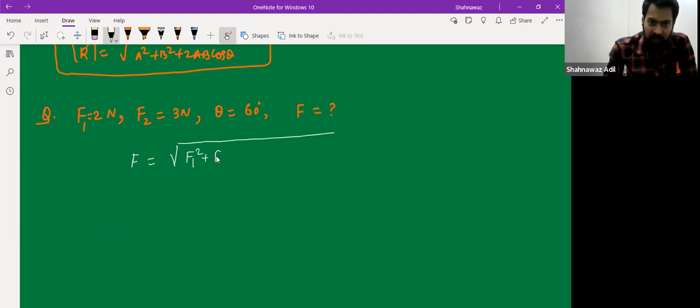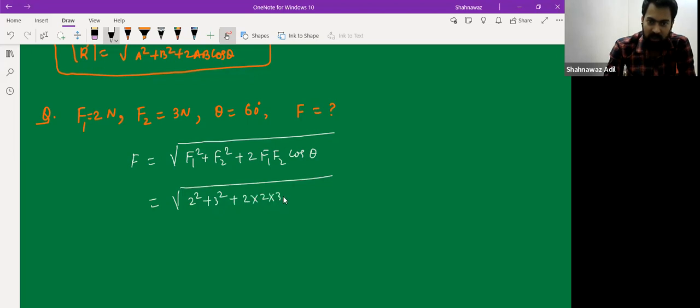Square root of F1 square plus F2 square plus 2 F1 F2 cos theta, right? And this would be how much? 2 square plus 3 square plus 2 into 3 cos 60, which is half.